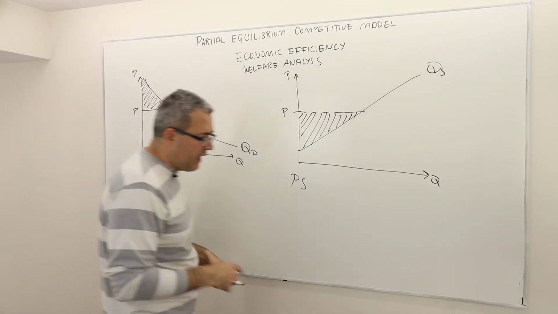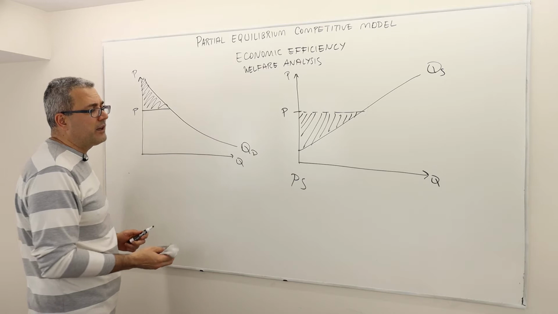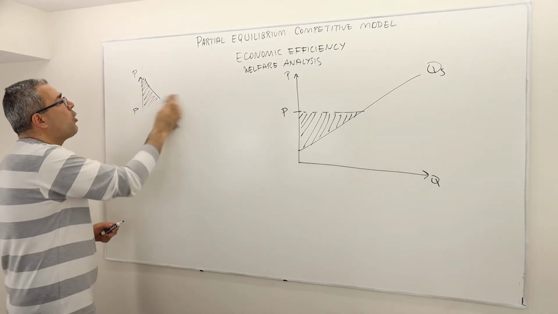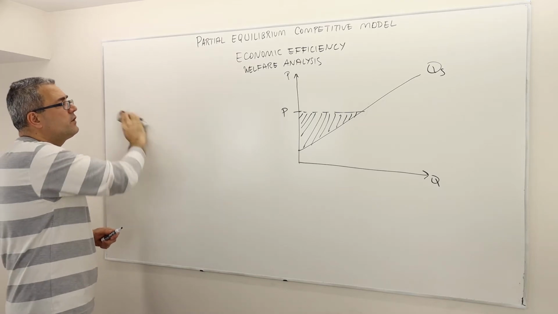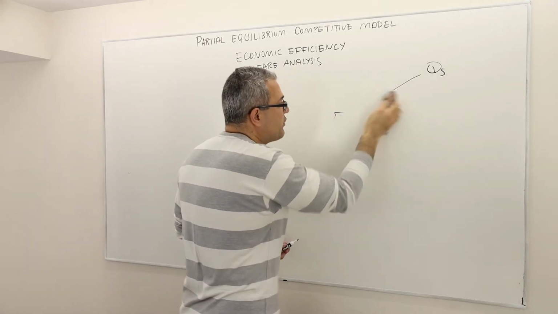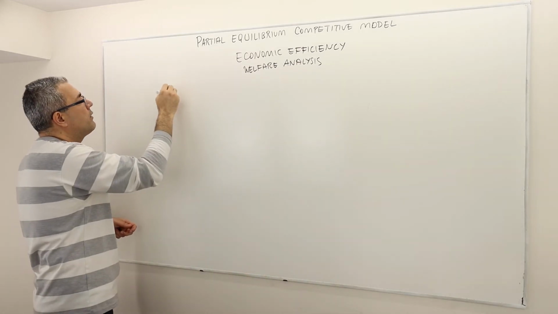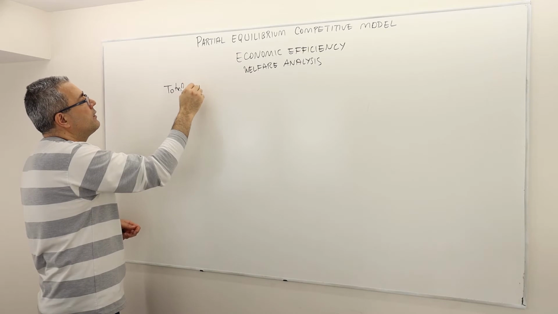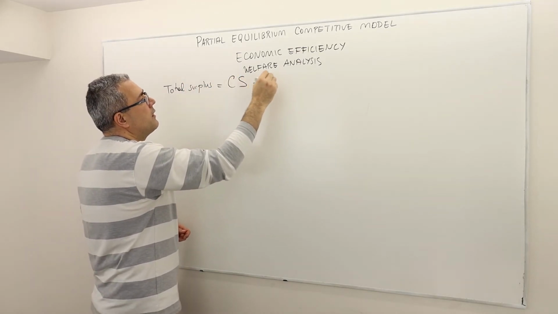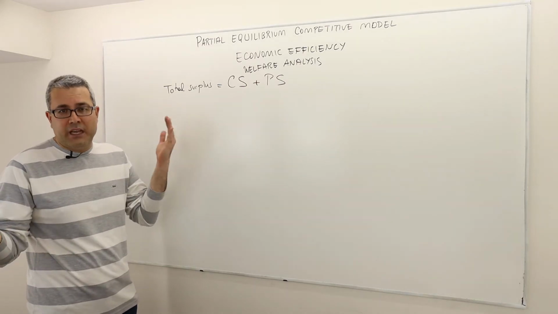What I want to underline is that a perfectly competitive market outcome is the outcome that maximizes total surplus. Well, what is total surplus? The total surplus is basically a summation of consumer and producer surpluses, all right? So the total surplus is equal to consumer surplus plus producer surplus. I mean, in this market, there are two players.